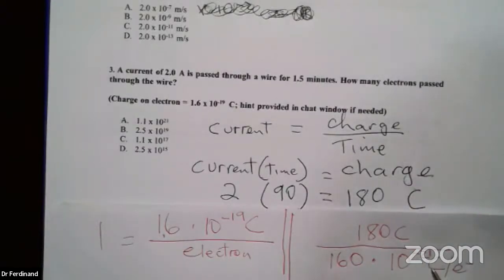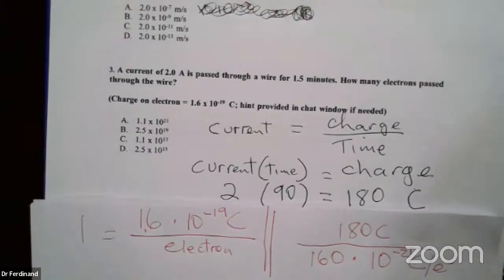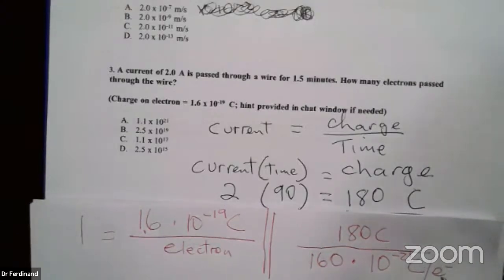If I divide by this number, I can cancel the coulombs. Then electron is in the denominator, and you could cross multiply, or remember the little song: dividing by the denominator is the same as multiplying by the numerator. And so this is going to give me the number of electrons. That's why I set it up this way.